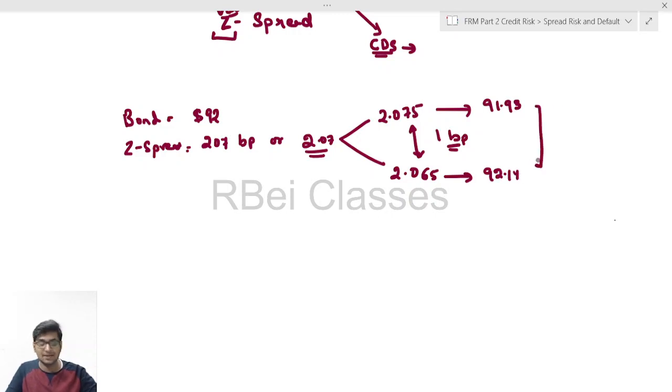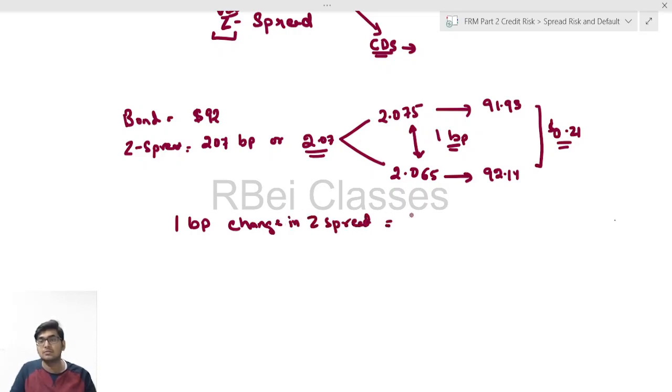Now calculate this gap: $0.21. So if there is a 1 basis point change in the Z spread, the bond price will change by $0.21.